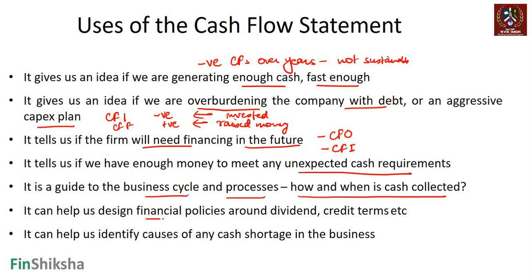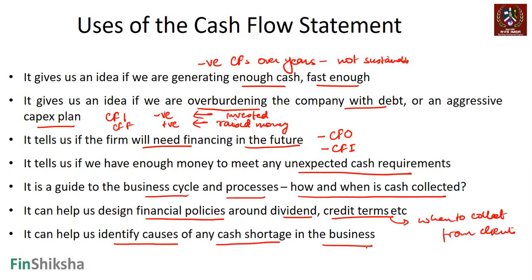It can help us design financial policies around dividend, credit terms, when to collect money from the clients, correct? Or customers. That's basically what will get defined based on how much leeway you have and how much cash you are generating. And it can help us identifying causes of any cash shortage in the business.